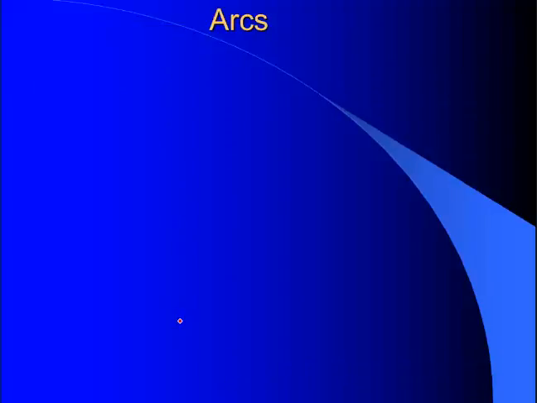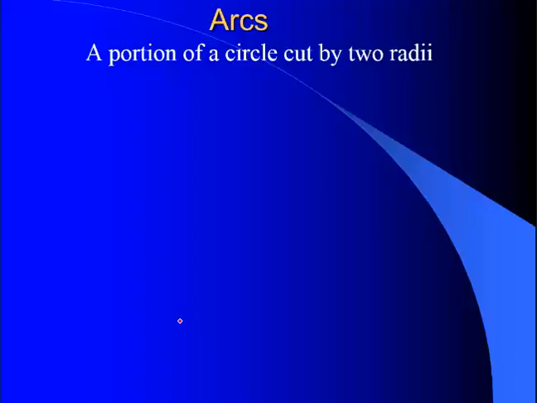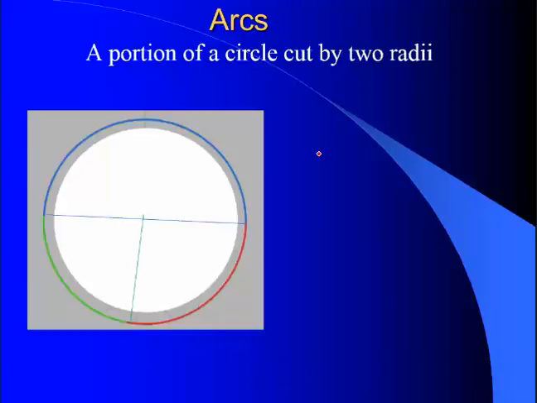Okay, besides angles, we also have parts of a circle called arcs. What is an arc? It's a portion of a circle, the actual outside ring of the circle, cut by 2 radii. So here's my circle. If I take a radius here and a radius here, it's cutting this piece of the circle.